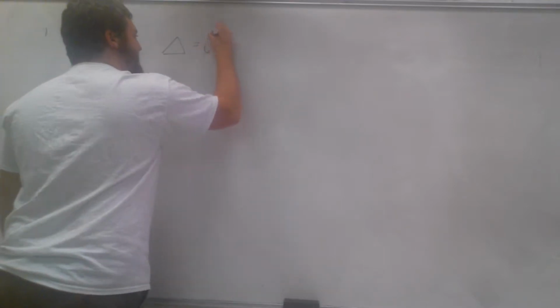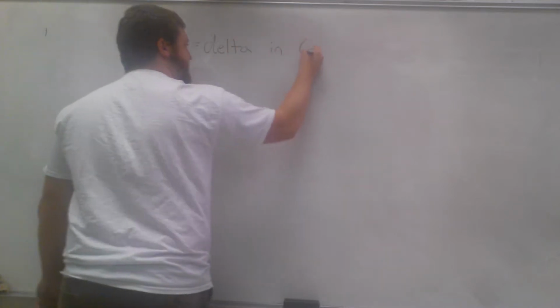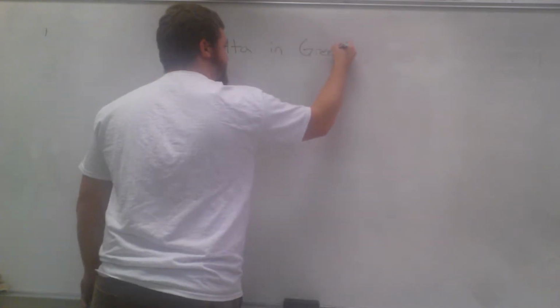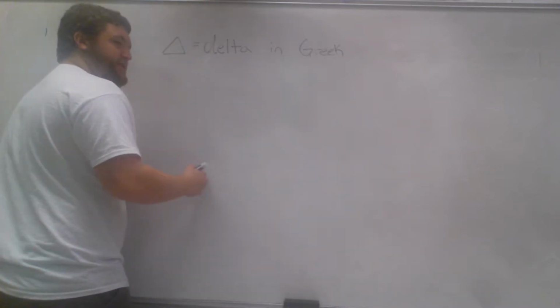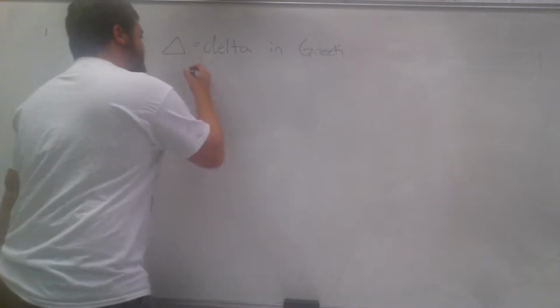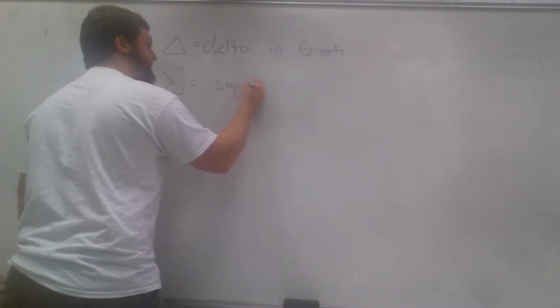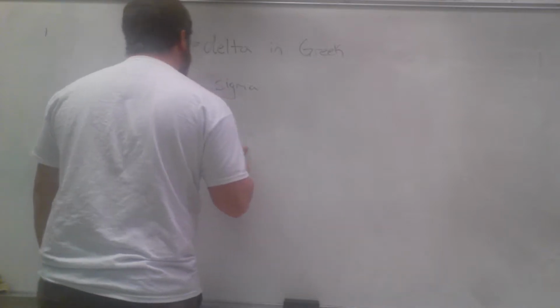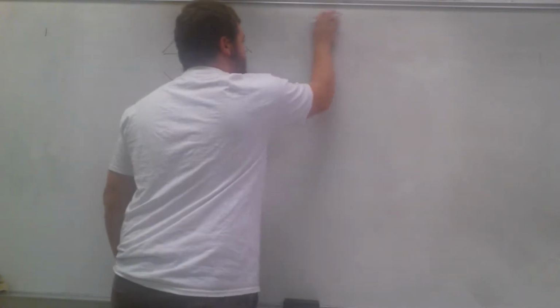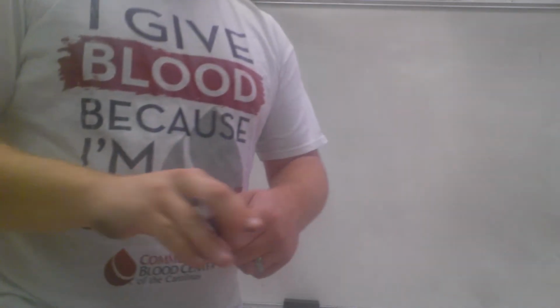But it is a delta, a lowercase delta in the Greek alphabet. Now we use Greek letters all the time in math. And since physics is very math related, you're going to see a bunch of them. You may see delta, you may see another one, sigma. And they all have different meanings. A delta means, let me give you an exact definition of a delta.